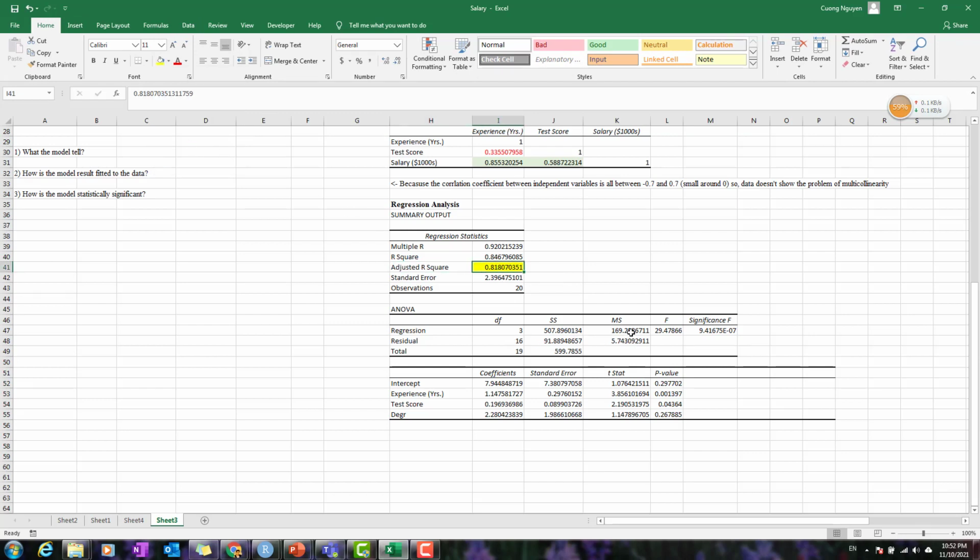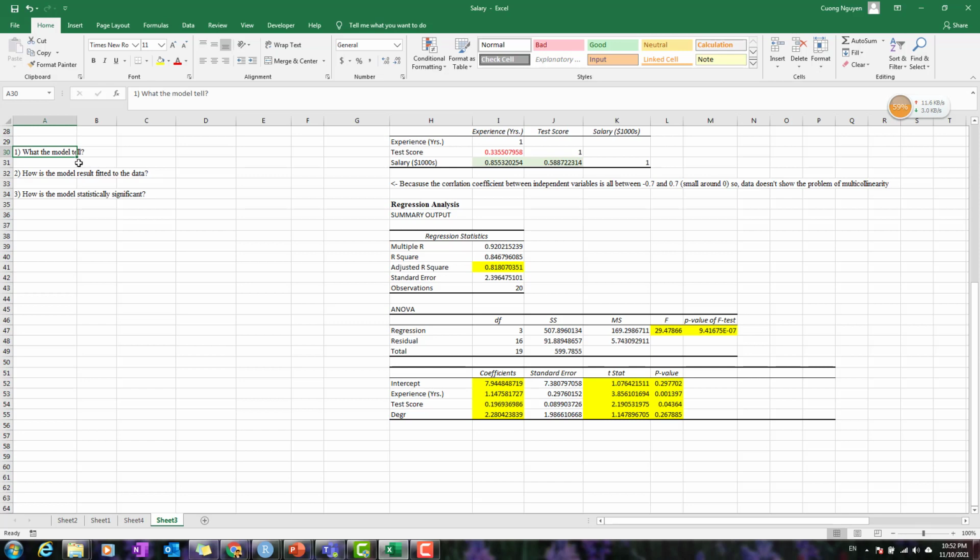Another one will be the F statistic and the p-value of F. Okay, F test. So be very careful with this. Another one, the coefficients, and the last one, the t statistic and the p-value of the t statistic. That is everything we really have to answer based on.